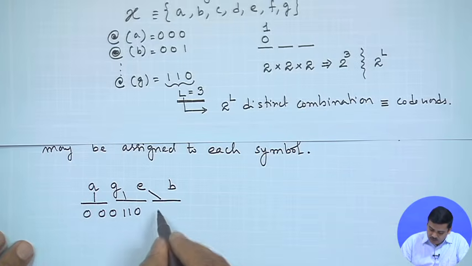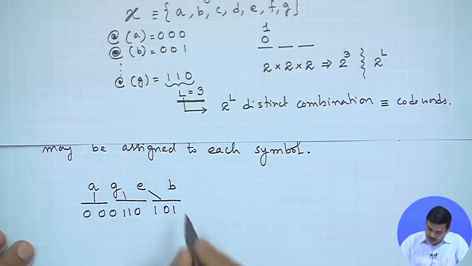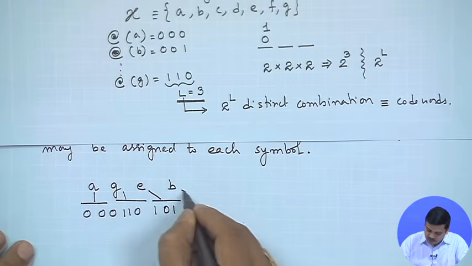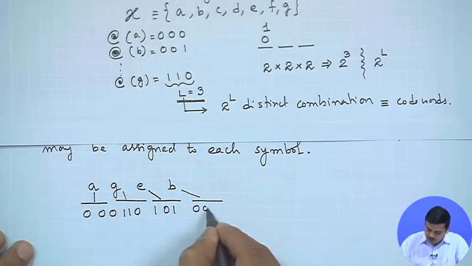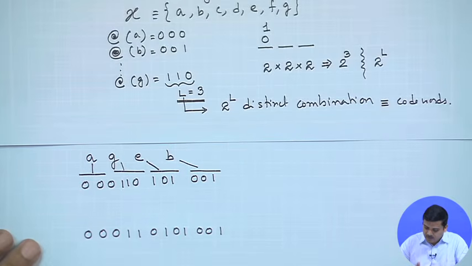This is going to give you 101, let us say, and no, it will be 100, F would be something else, and suppose B, it is 001. The receiver only sees this particular sequence.